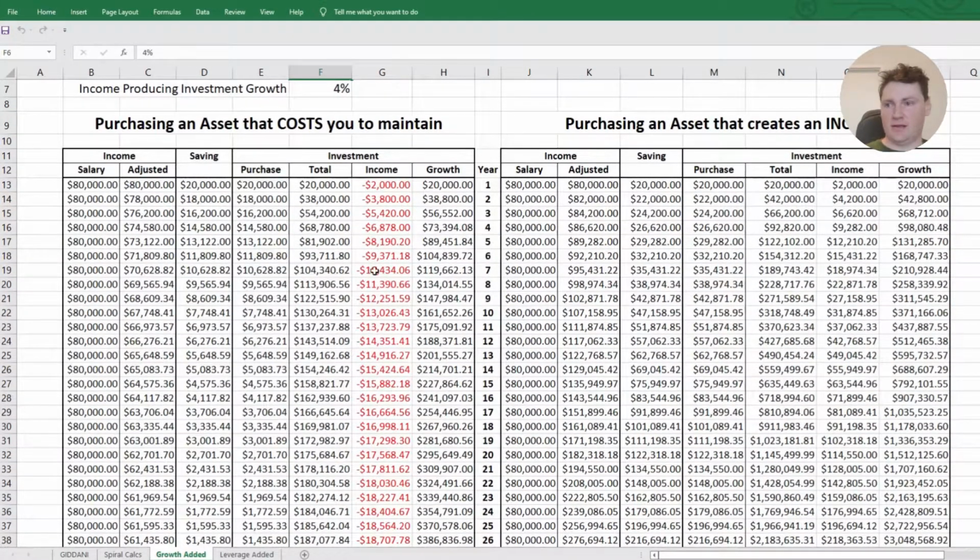So let's take a look at it. Year one, if you are able to purchase your $20,000 asset, nothing's changed. You have $20,000. There is no growth in year one.